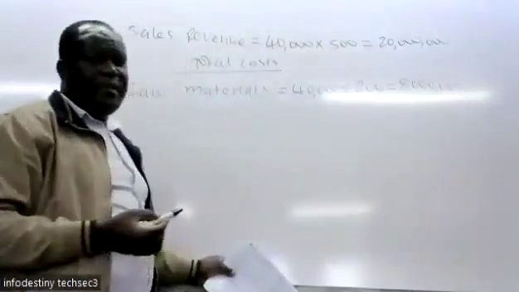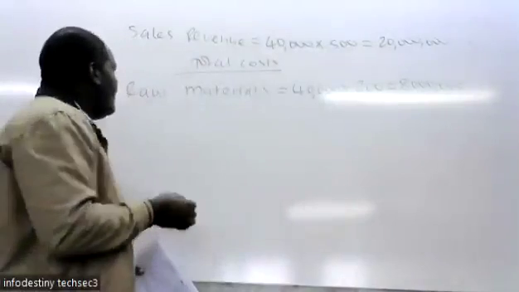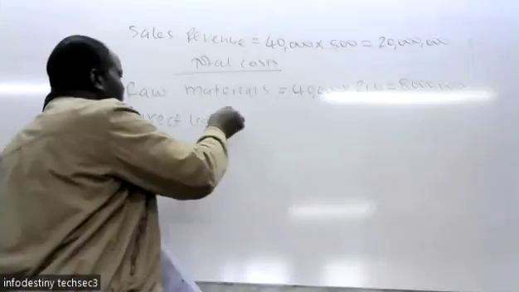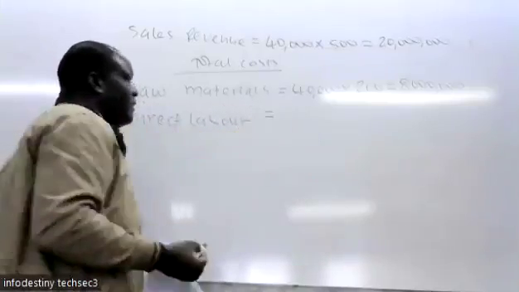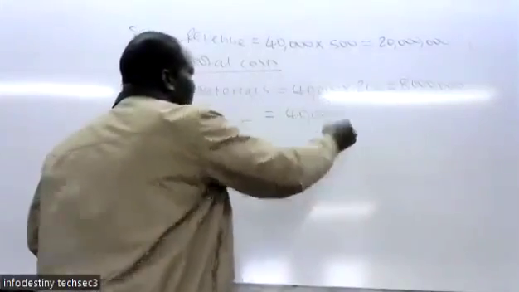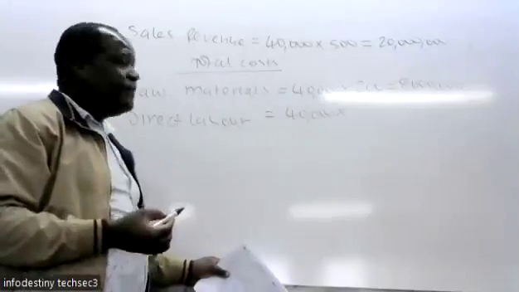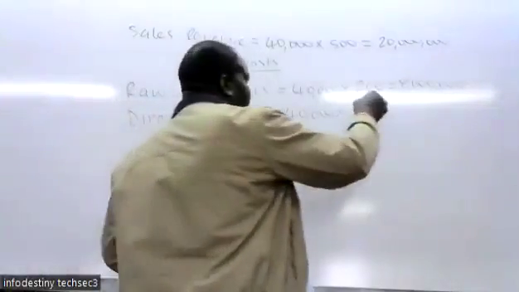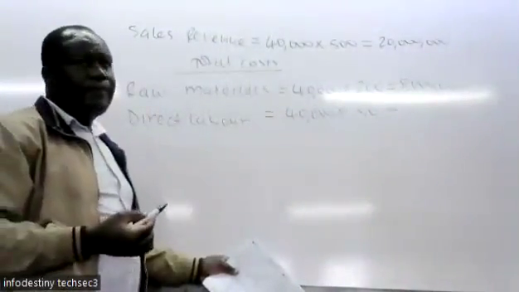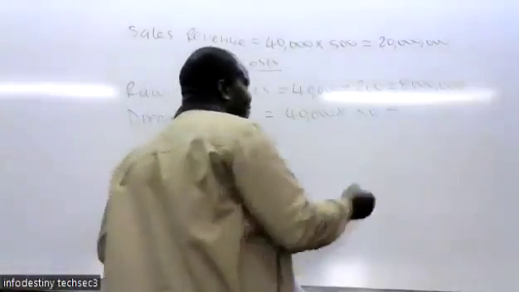The next item should be direct labor. For the direct labor, it is also 40,000, but this one we multiply by what? By 9. And I put that at 0.2 million.